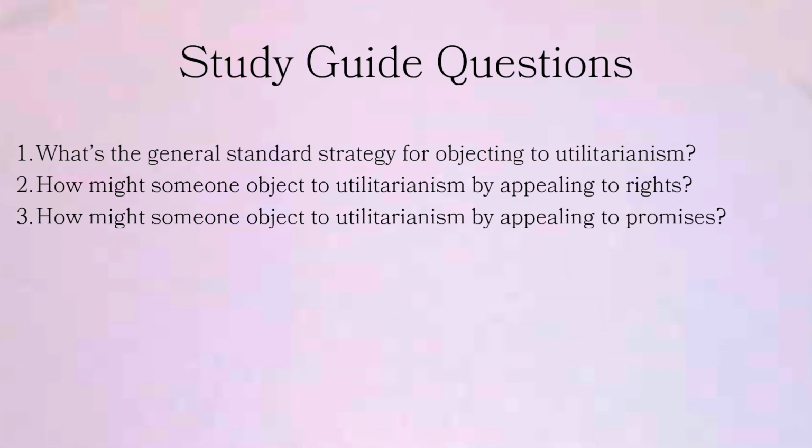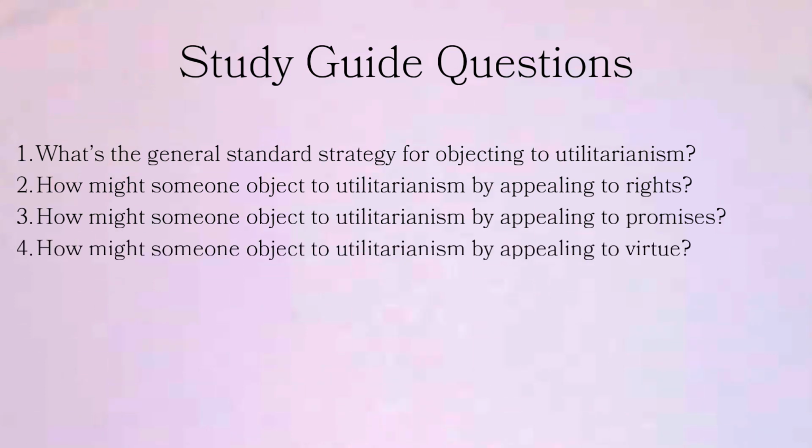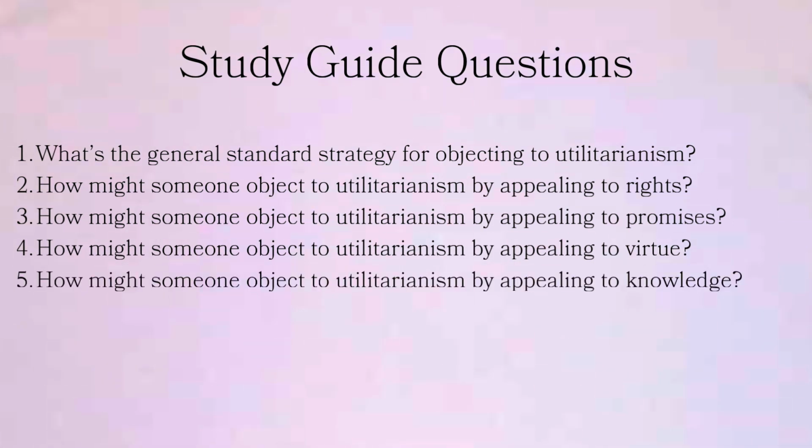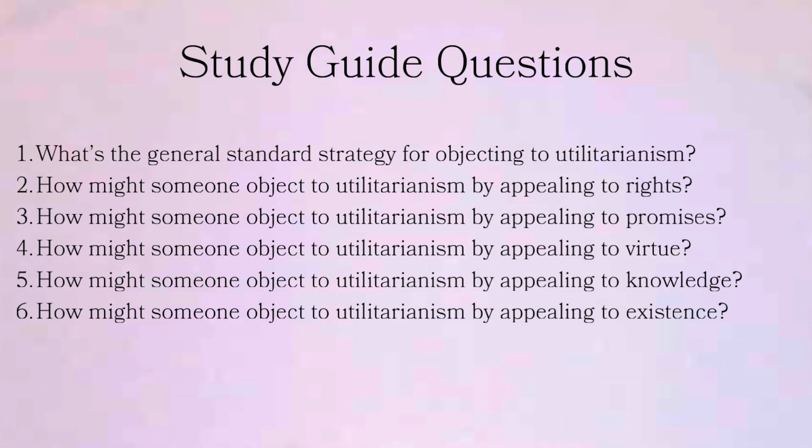How might someone object to utilitarianism by appealing to promises? 4. How might someone object to utilitarianism by appealing to virtue? 5. How might someone object to utilitarianism by appealing to knowledge? 6. How might someone object to utilitarianism by appealing to existence?